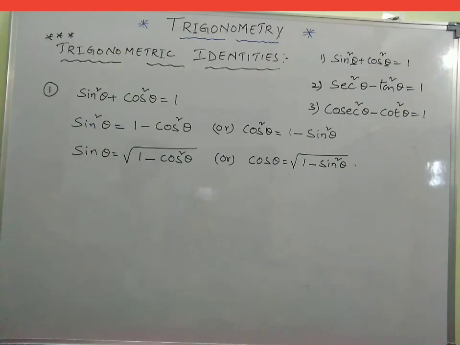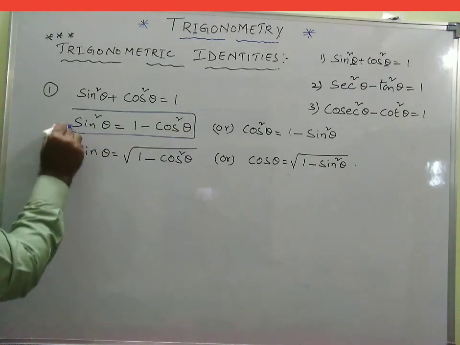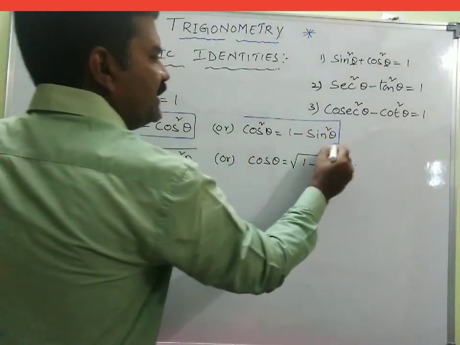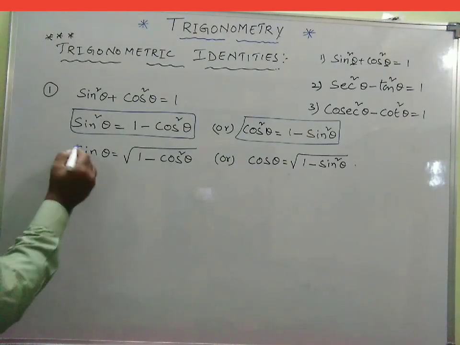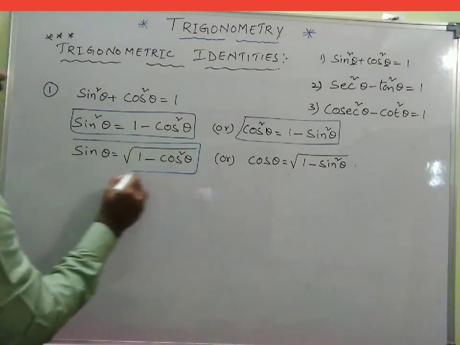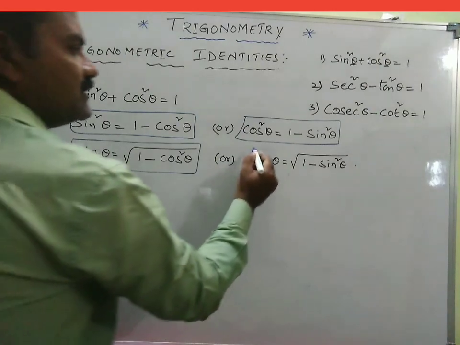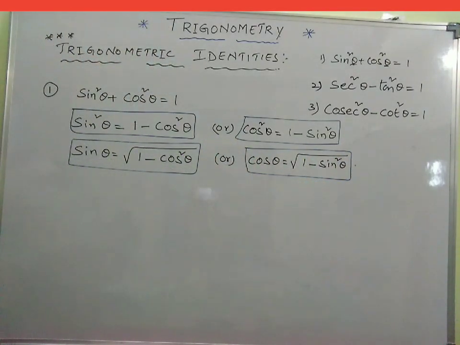Sin square theta we can write as 1 minus cos square theta, whereas cos square theta we can write as 1 minus sin square theta. And sin theta is equal to root of 1 minus cos square theta, and cos theta is equal to root of 1 minus sin square theta.